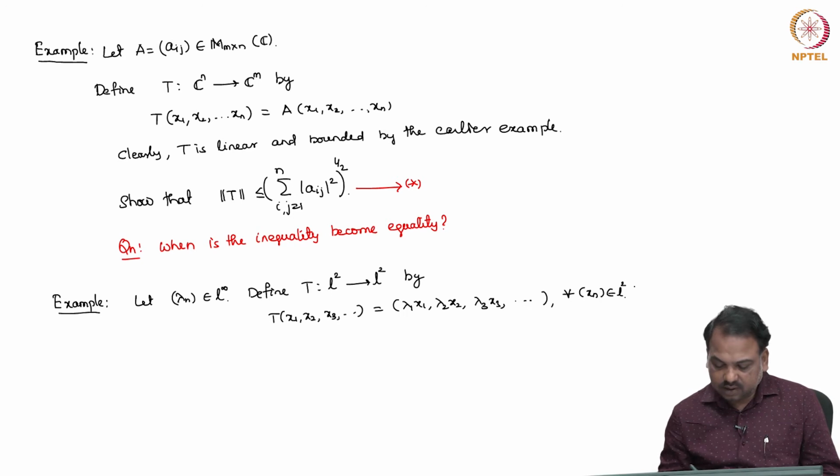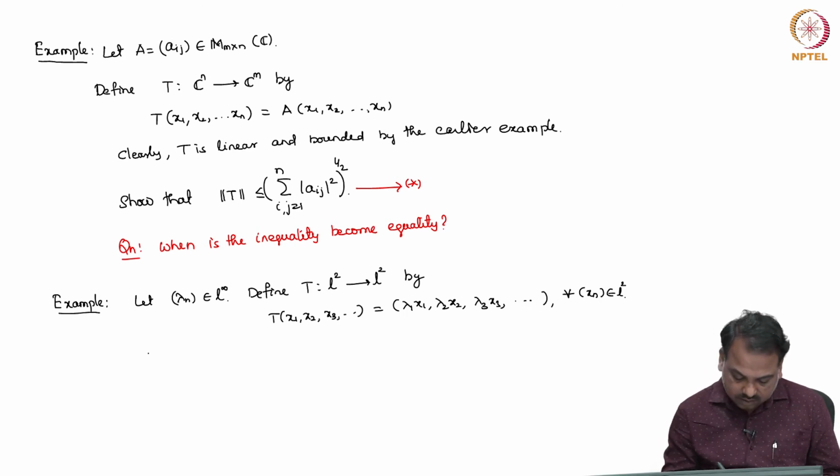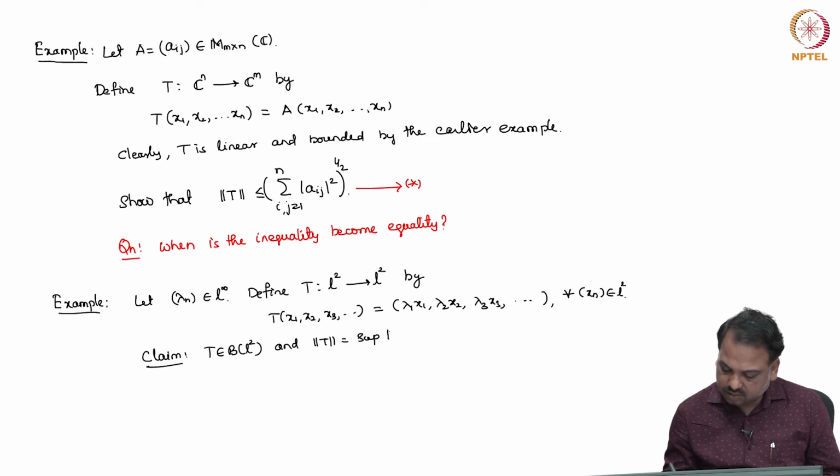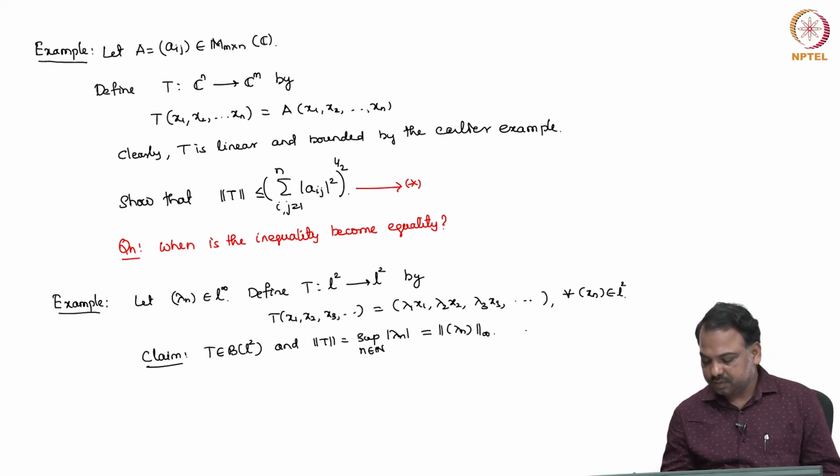Now we want to show that this is linear and bounded. The claim is the following. T is a bounded map on L2, and not only that, norm of T is exactly the supremum of mod lambda n, where n is in N. In other words, this is the sup norm of the sequence lambda n. This is what we want to prove.